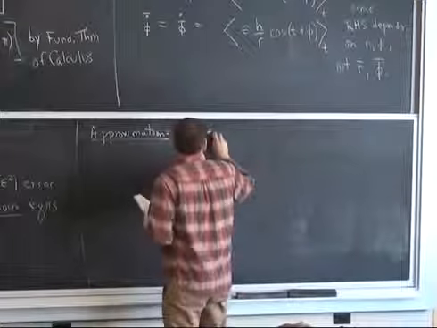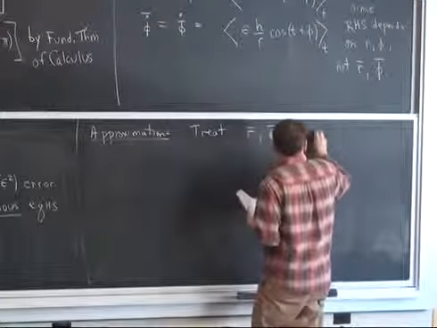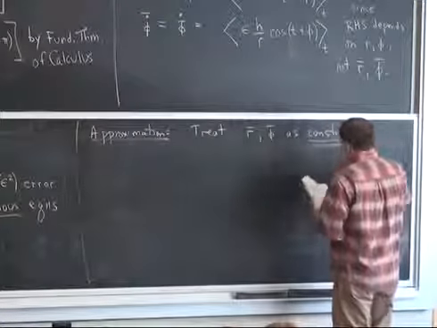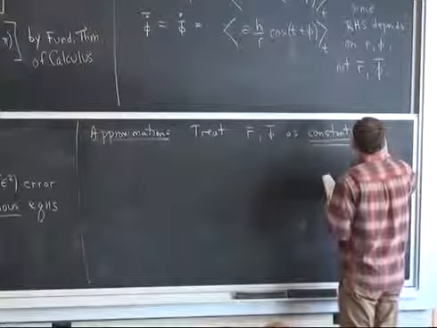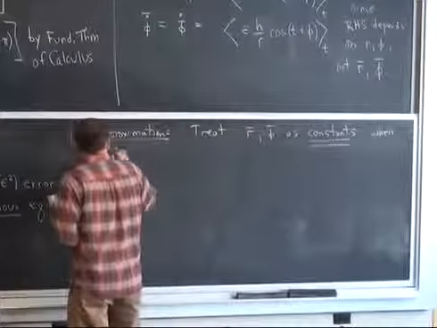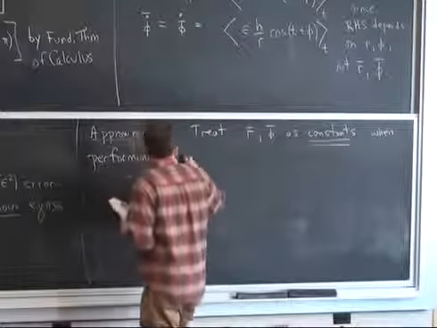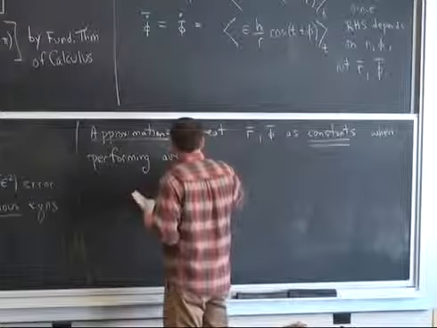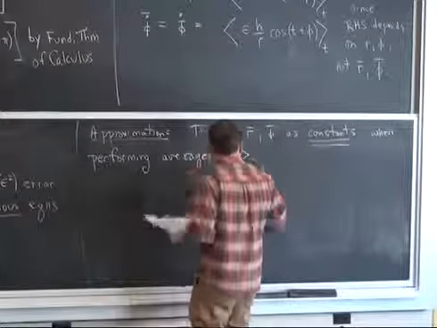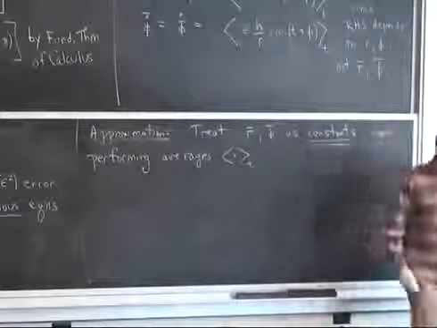Treat R bar and phi bar as constants when performing these averages. Anything that involves one of these averages over one cycle in t.